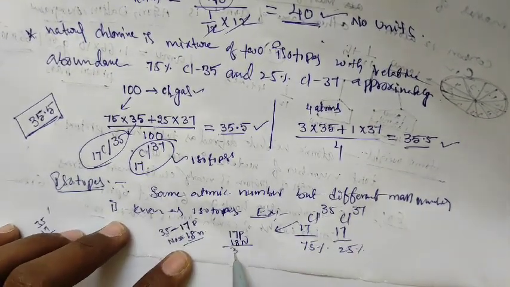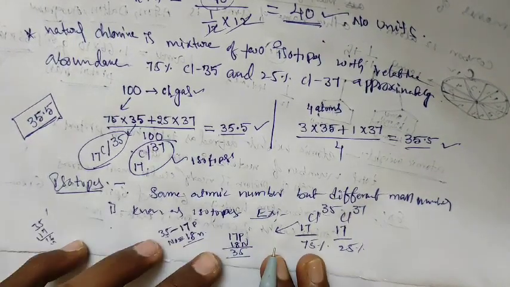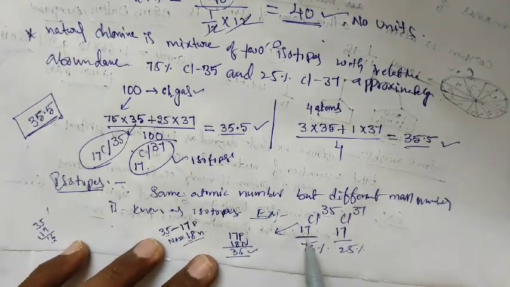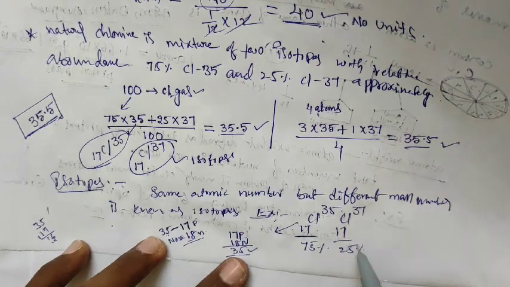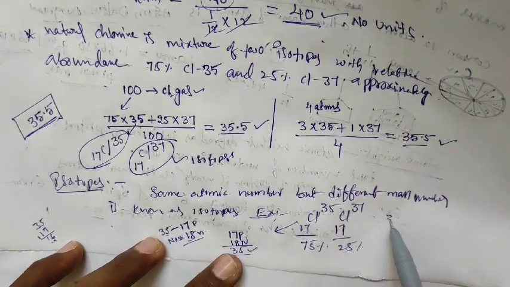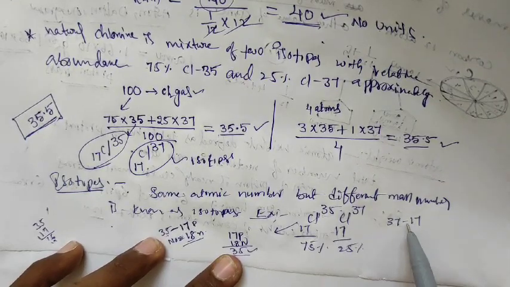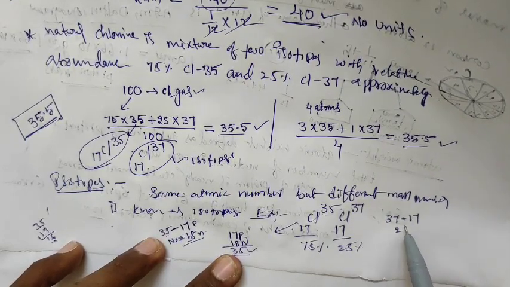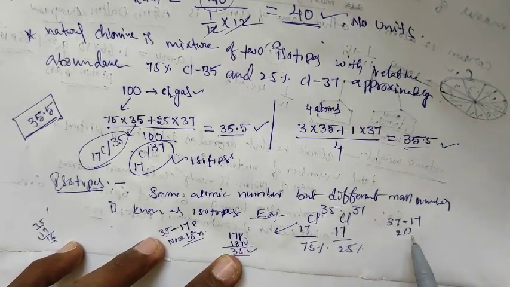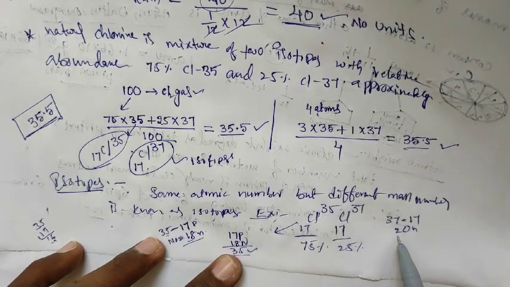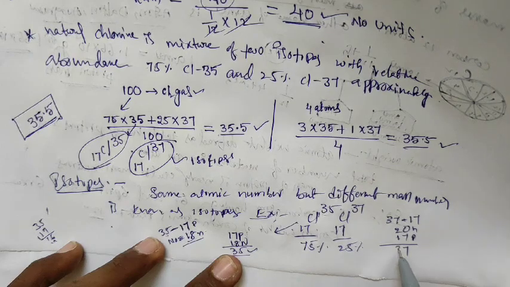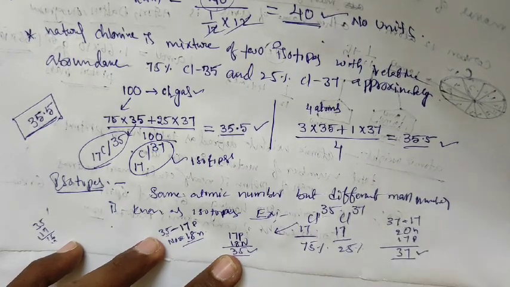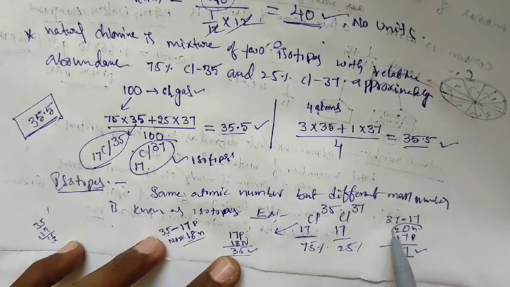So total mass is 35. The difference in isotopes is in the neutrons. See here, in this atom 37 minus 17, how much? 20 neutrons and 17 protons, total 37. The mass is the number of neutrons and protons.